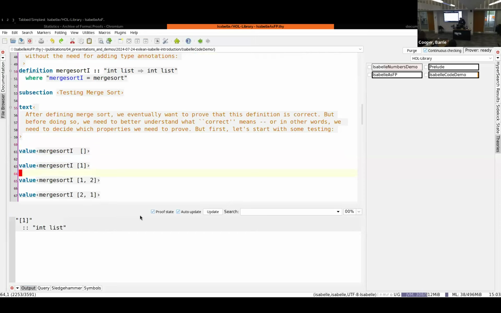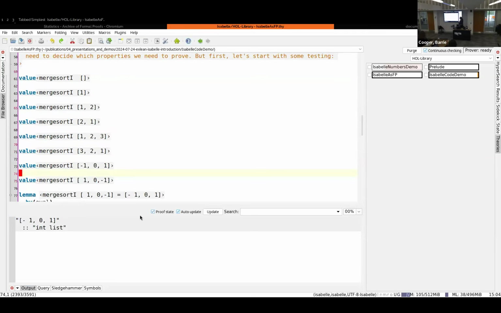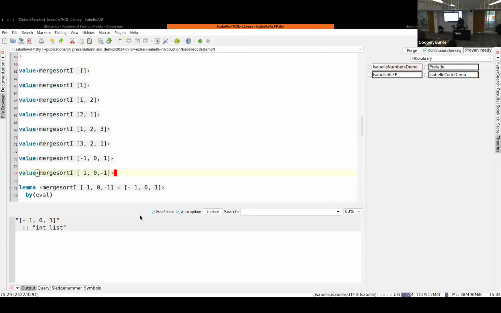If I sort the list that only contains the one, I get the one. And I can do essentially the usual testing that our students would do if they would implement that function in Haskell or Python, where they run interactive tests and convince themselves that it works. I do that for a number of tests, and then hopefully it works or not.